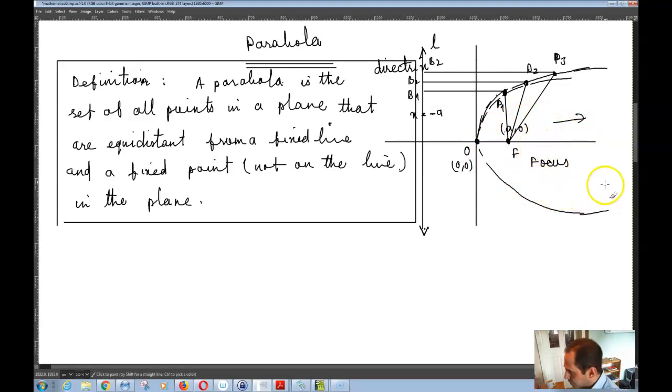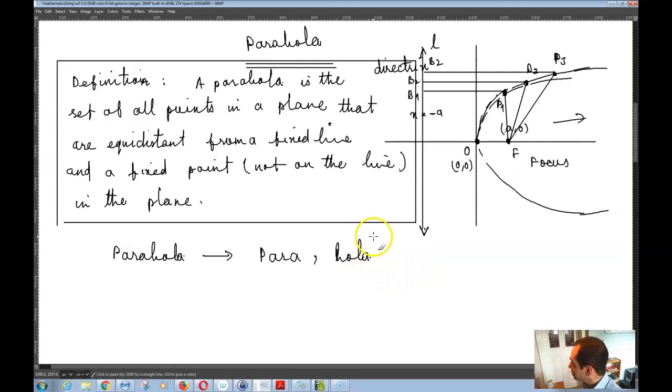And there is something interesting about parabolas. You can take this word apart as para and bola. Para seems to mean for, and bola seems to mean throwing.